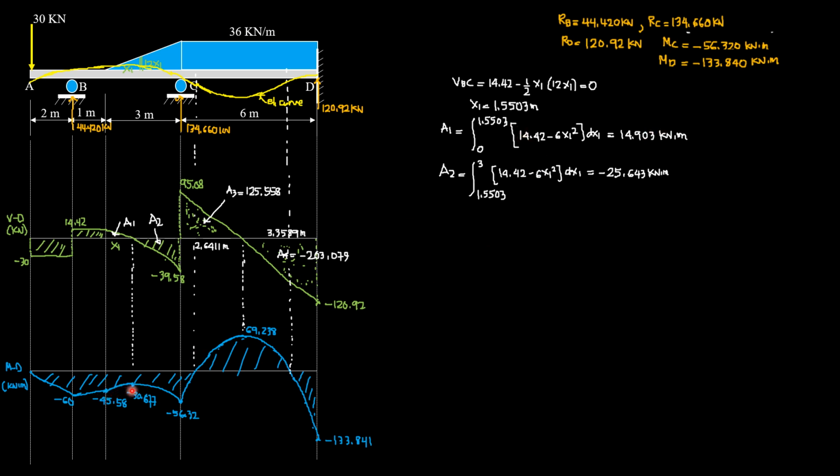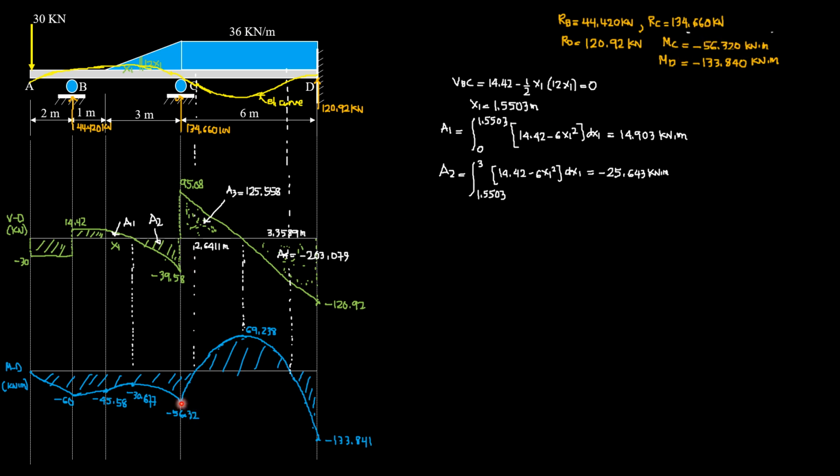So this is positive decreasing curve. So negative 30.677 kilonewton meter plus area 2, which is negative 25.643. So it is negative 56.32. Take note that the moment at C is negative 56.32 kilonewton meter.